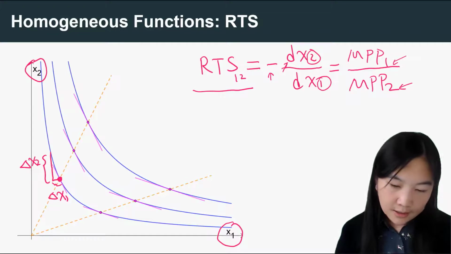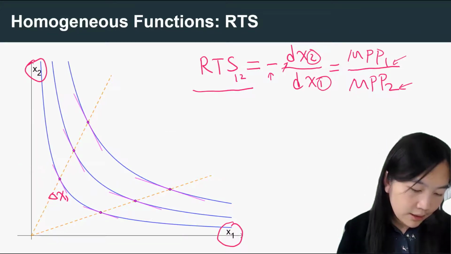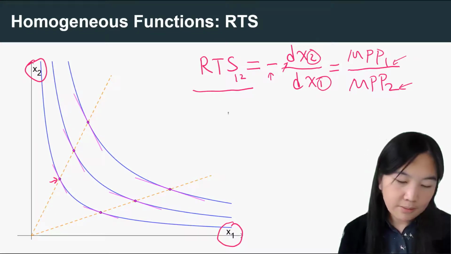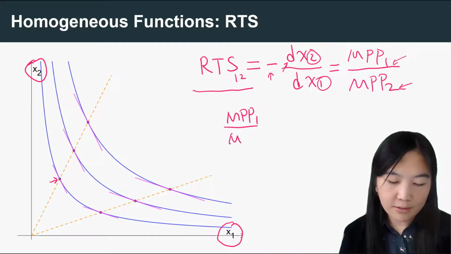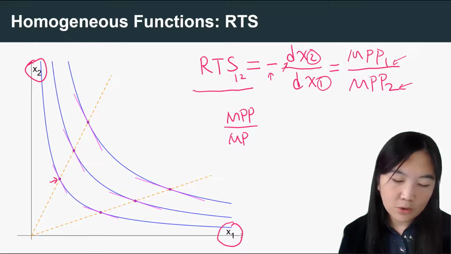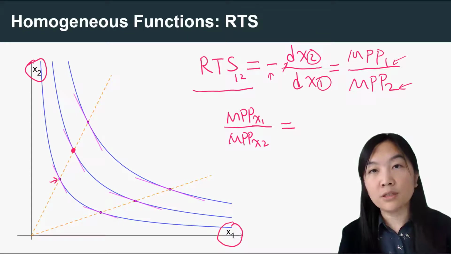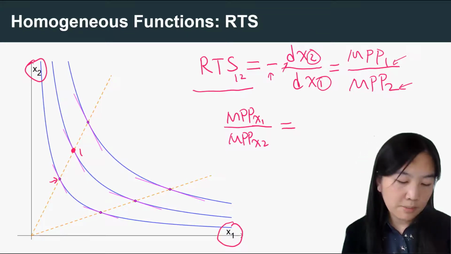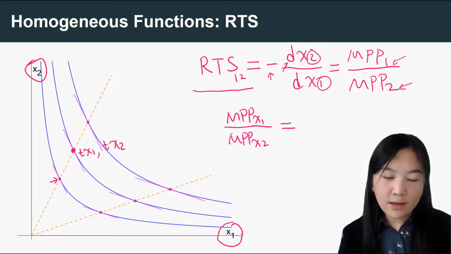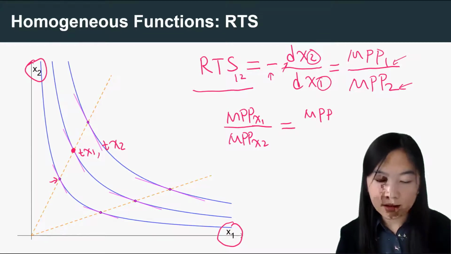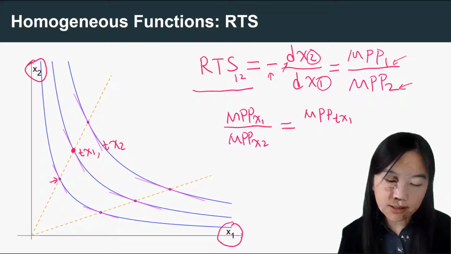It's because here, again, this is the first point, and let's say this is MPP1. At that point, we have MPP1, or let me write it in more detail, MPP X1, MPP X2. And then at this point, suppose the input use, they're still in fixed ratio, but now it becomes Tx1 and Tx2. So if that's the case, I have actually shown you through that math, and if you don't want to go through that math, that's okay.